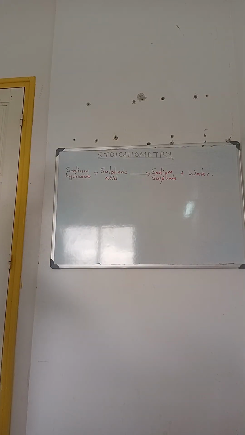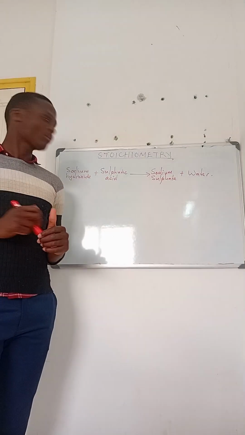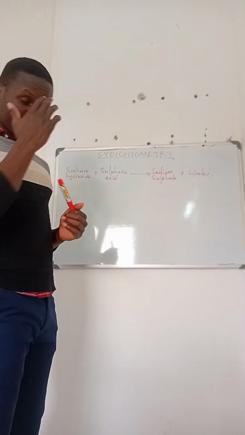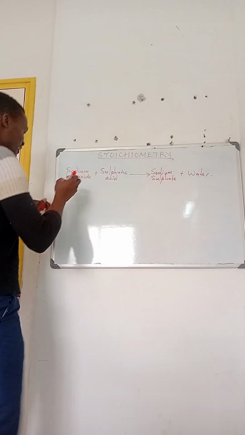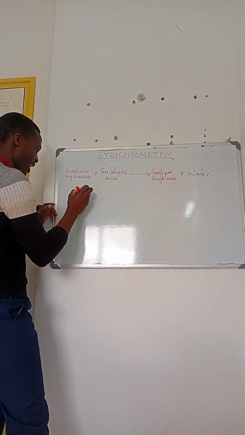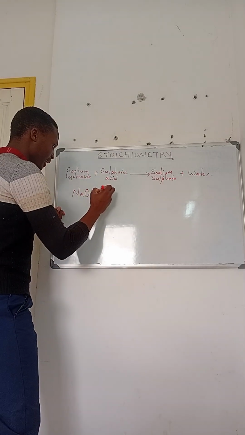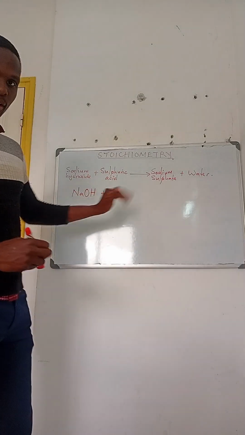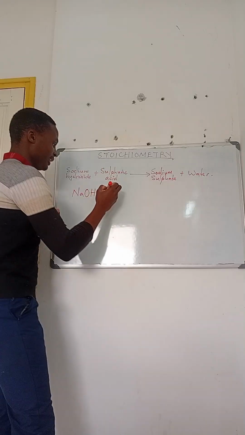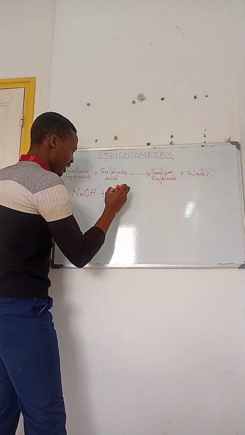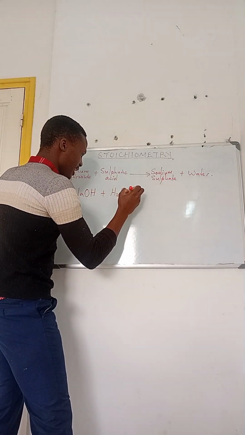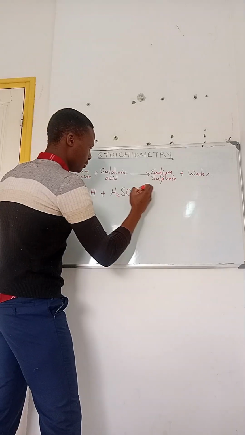So we want to know the chemical formula of each substance in that chemical equation. The sodium hydroxide is NaOH. Then plus the sulfuric acid is H2SO4.